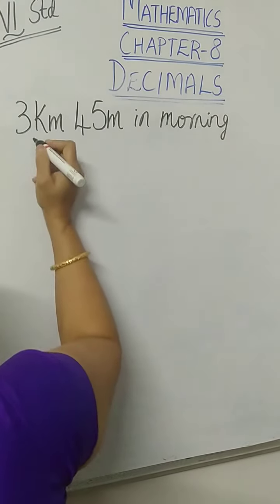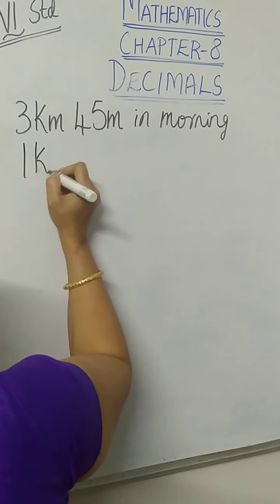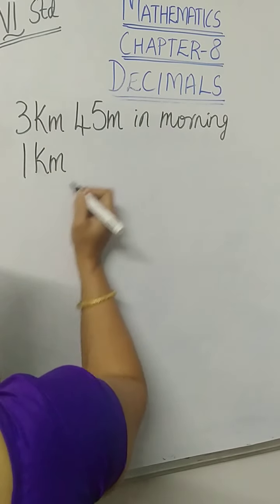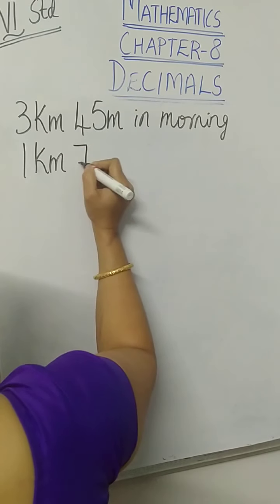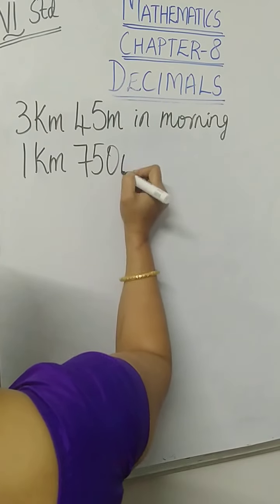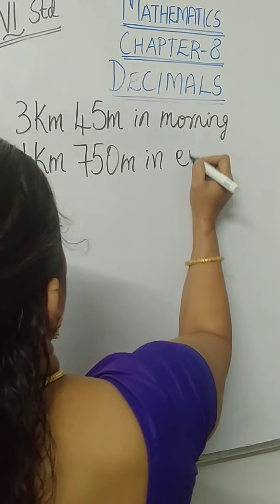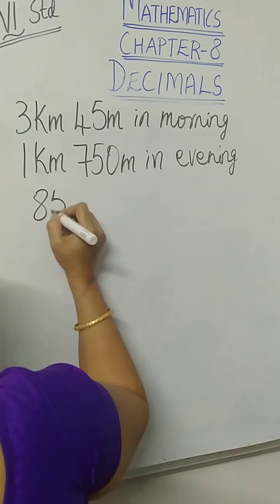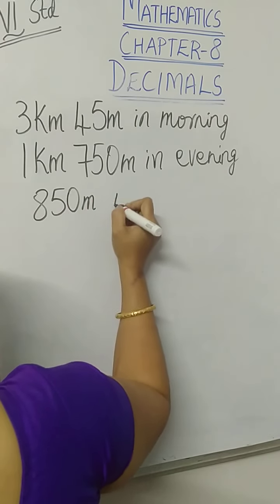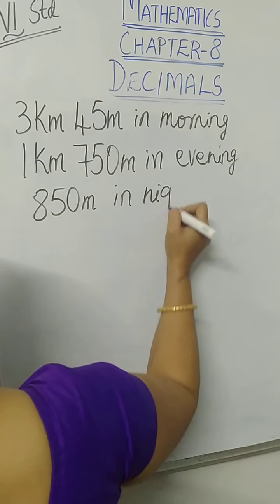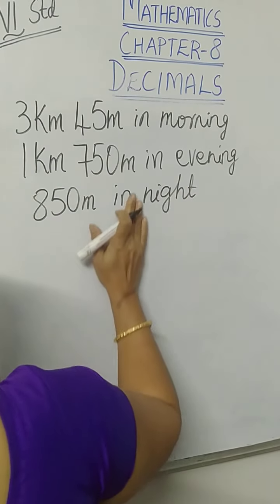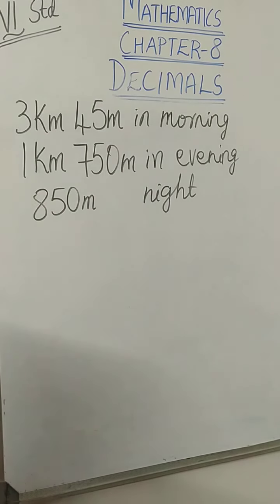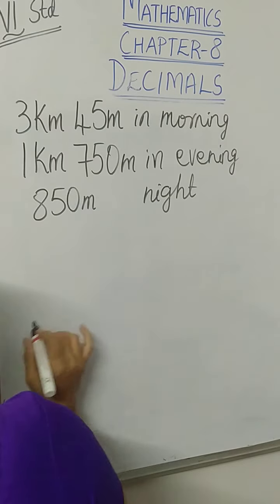Same way, he walked for 1 kilometer and 750 meter in the evening. Then he walked some 850 meter in the night. So, what is the total distance he has walked the whole day?